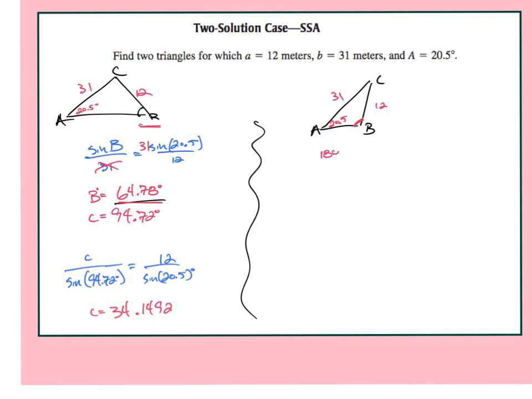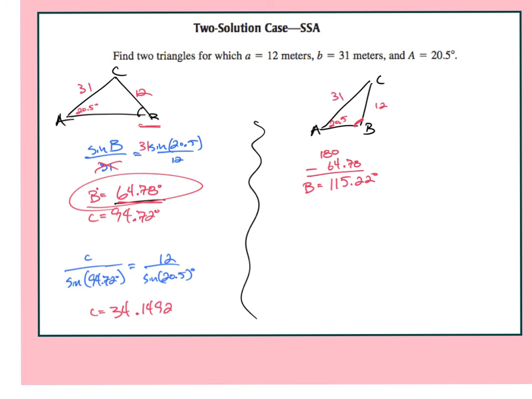So we actually take 180 and we subtract what we actually ended up getting for angle B. So we subtract 64.78. We actually found its supplement to it. All right. So 180 minus 64.78 is actually 115.22 degrees. So my new angle B is 115.22 degrees. All right, that's really the only step that's different.